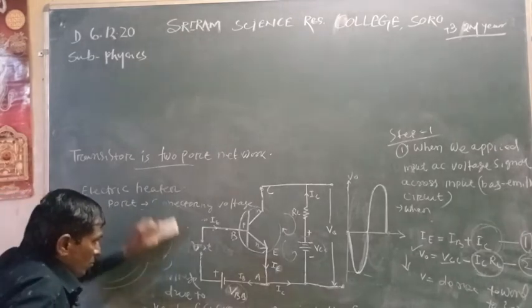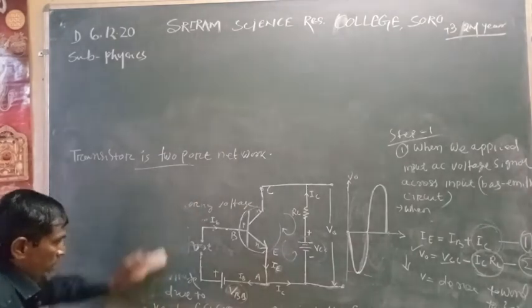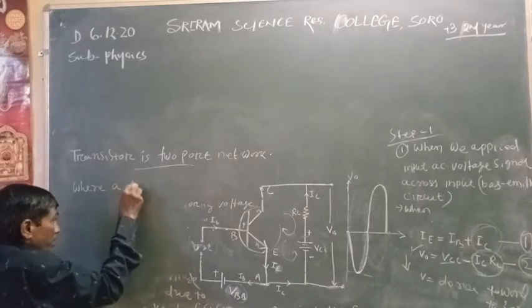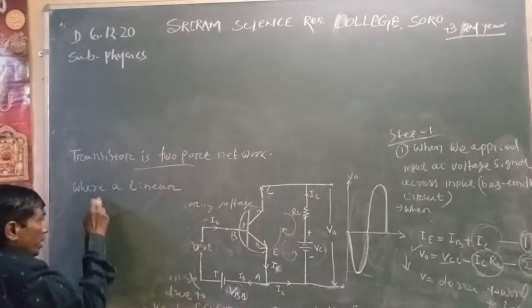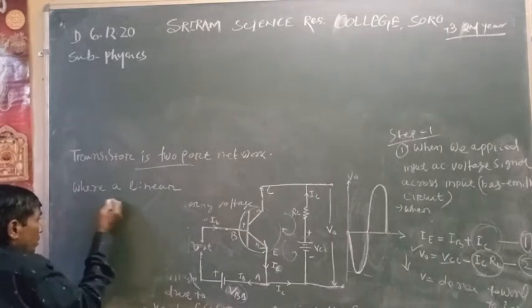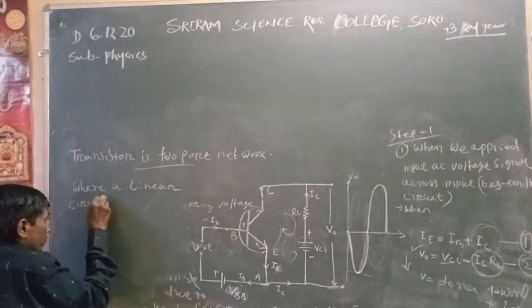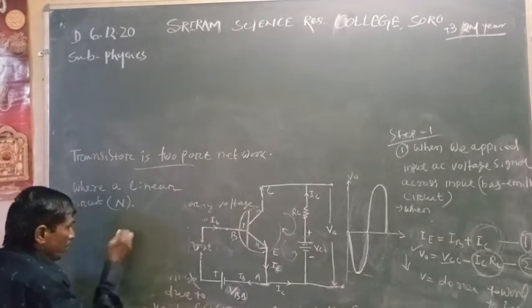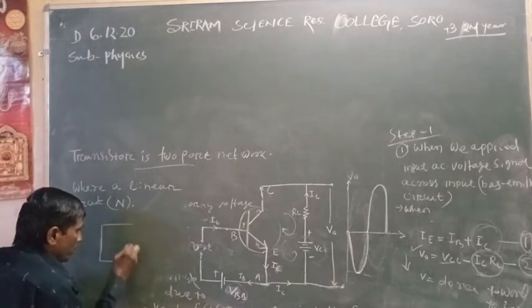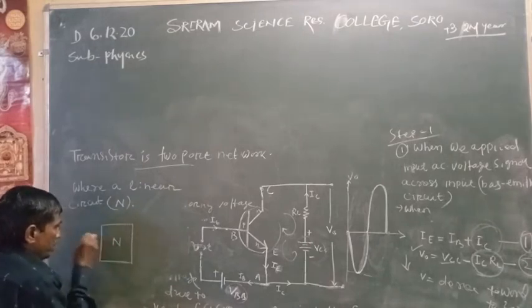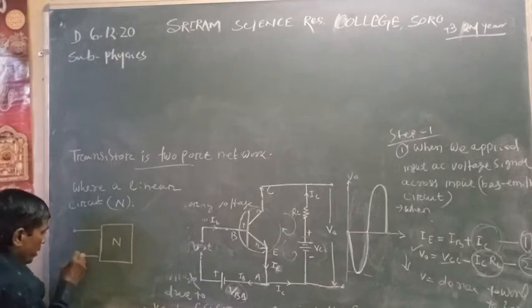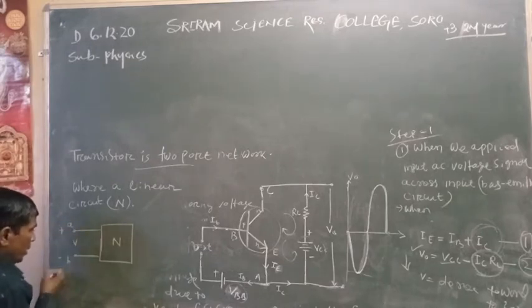Here N is a circuit with two terminals, A and B, that is the supply voltage V, with this point positive and negative.